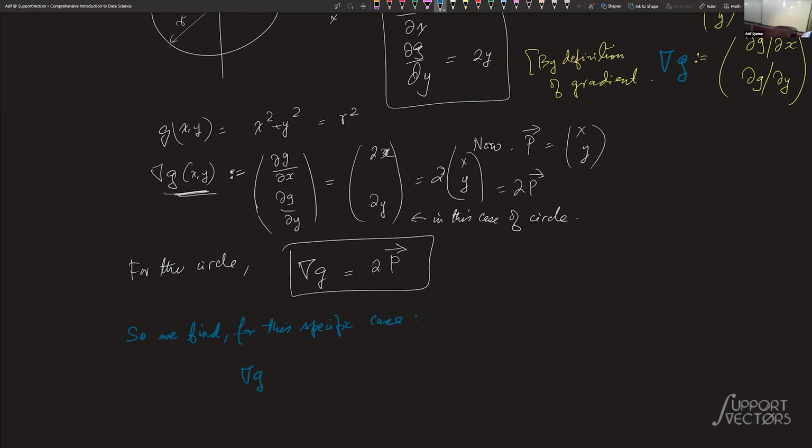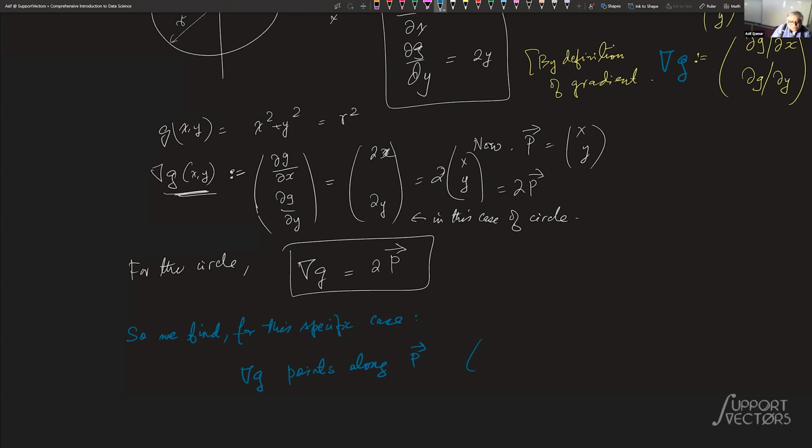grad G points along P, right? So let's not worry about a factor of 2 and so on. So magnitude we are going to ignore. It points in that direction.